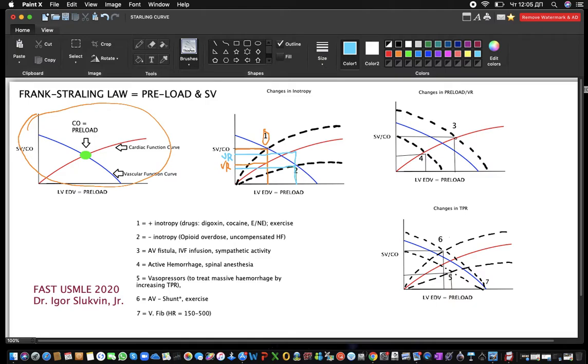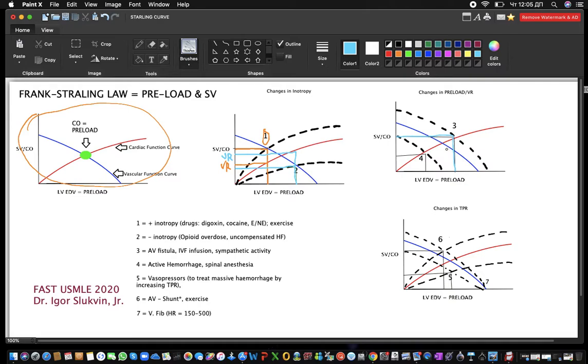Now point 3. So now we're looking at what happens to the Frank-Starling curve with changes in venous return. Here it's at the cardiac function curve, and for the venous return, we're getting the appropriate amount of end diastolic volume.